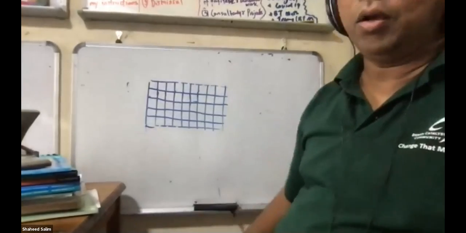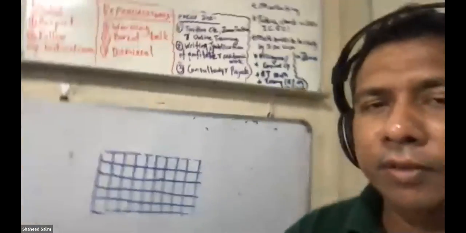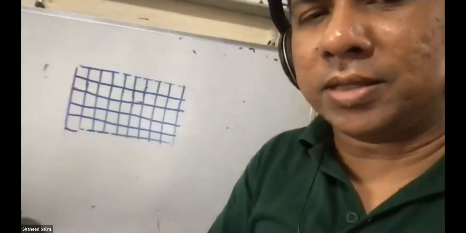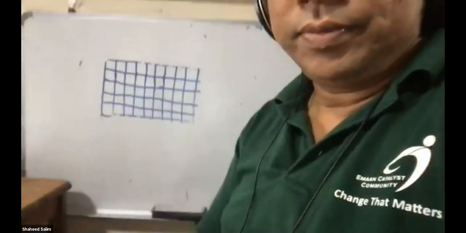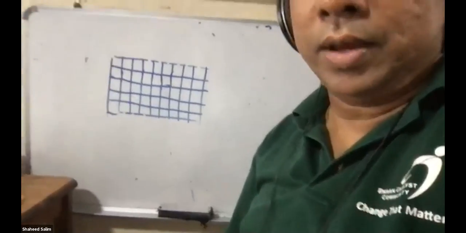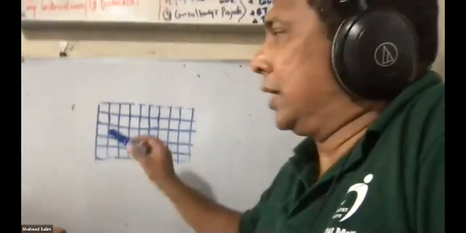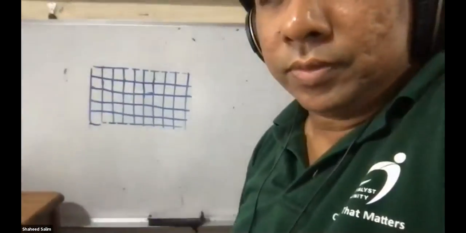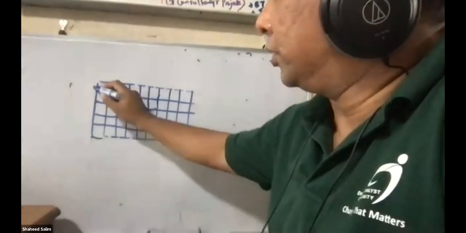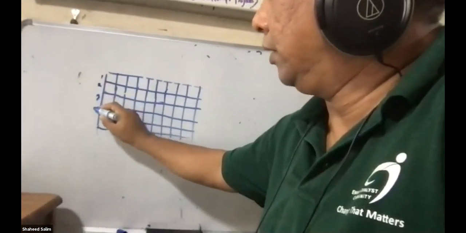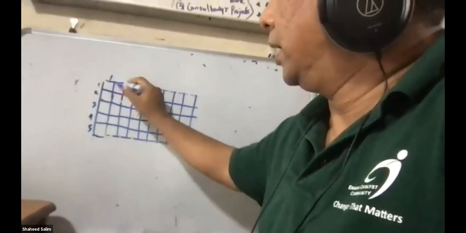Okay, so how to find the fastest way to find the number of squares down here, assuming this is a rectangle? How to do this? One way is to count, but let's say I don't want to count. Okay, down here, let's see how we count this one. 1, 2, 3, 4, 5. 1, 2, 3, 4, 5, 6, 7, 8, 9.